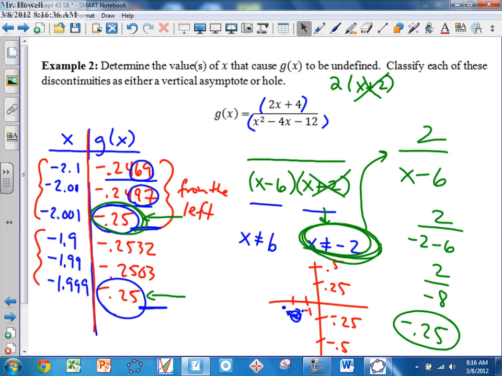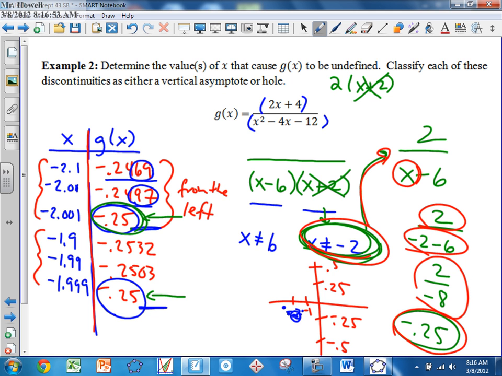Once we simplify that, we take whatever the root was in the denominator that caused the problem to be undefined, and evaluate it in the reduced function by plugging it in here. We then simplify what's left over. We see that we get the same decimal that we had all the way over here.